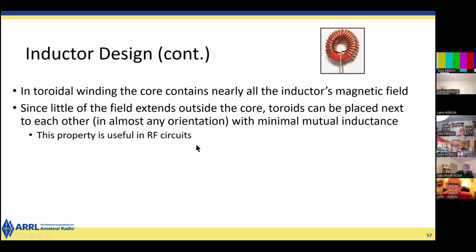And so this is very useful in RF circuits. For instance, if you open up a transmitter and you look at the filter between the power amplifier and the antenna, which is designed to prevent harmonic frequencies from getting out, you'll see that there are usually a bunch of these coils, several for each band. And if they're wound on toroids, they can be placed pretty close to each other without any appreciable coupling between them.